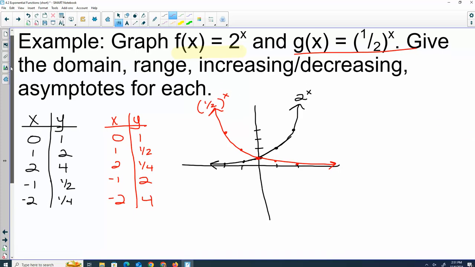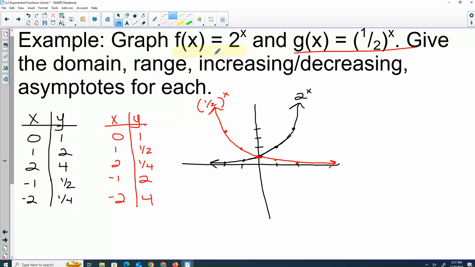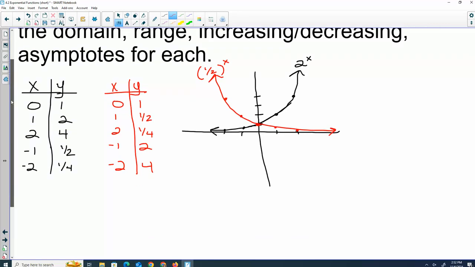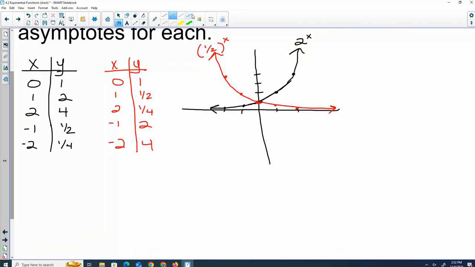All right, I want to answer a few questions about each of these. So I want domain, range, increasing, decreasing, and asymptotes, so we can see what's the same and what's different. We had our 2 to the x and our 1/2 to the x. What's the domain of my black one up here, the 2 to the x?